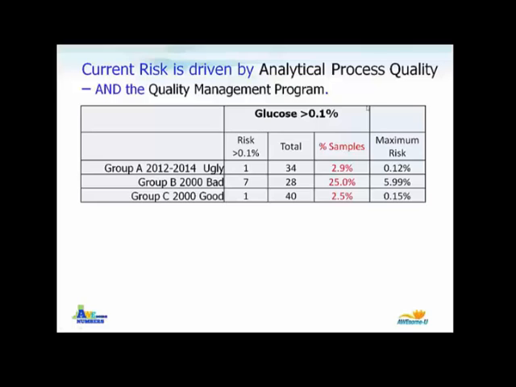Glucose. How many methods could achieve a 0.1% risk level? In the group from 2012 to 2014, only 1 of 34 QC samples had a risk above 0.1%, and it was 0.12. In the year 2000, when they did not use QC software, 25% of the samples had risk above 0.1%, and the highest risk level was almost 6%.